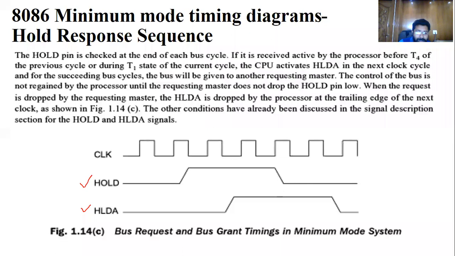The same pins are also used for direct memory access. Hold acknowledge means the microprocessor is using this pin to indicate whether the instruction is executed or not. If it is executed, it generates the hold acknowledgement.